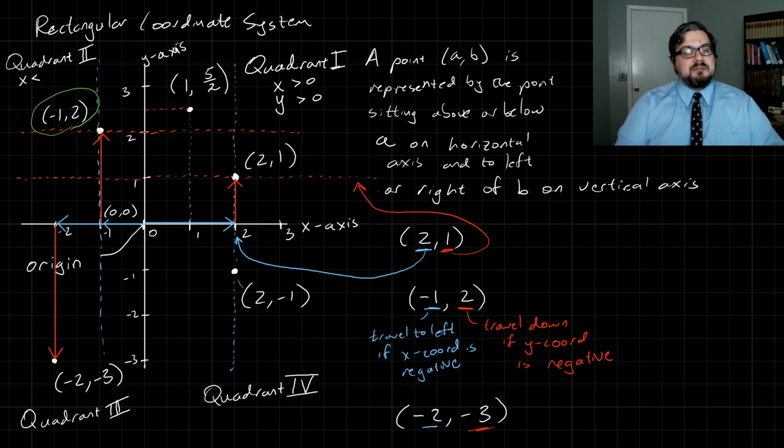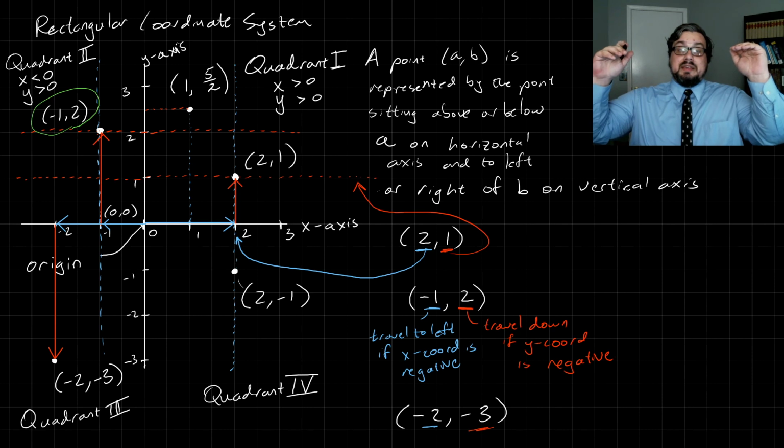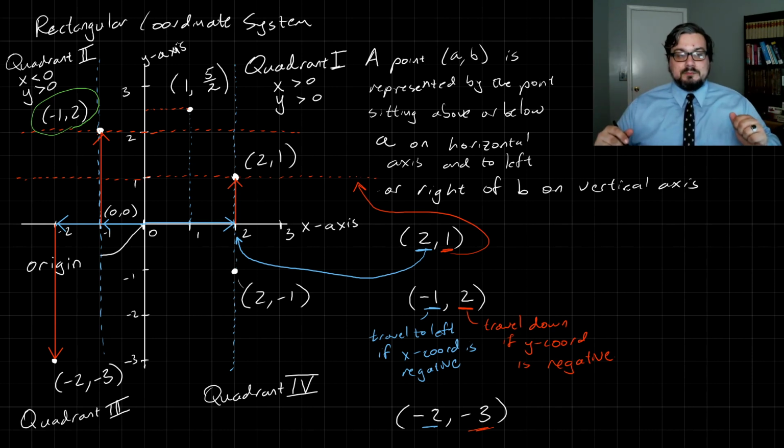Being to the left of the vertical axis means that your x-coordinates will be negative, because a negative x-coordinate means that we're starting our process by moving to the left, and that's going to put us over there in Quadrant 2, and then this gives us positive y values because all these points lie above the x-axis, so they all have positive y-coordinates.